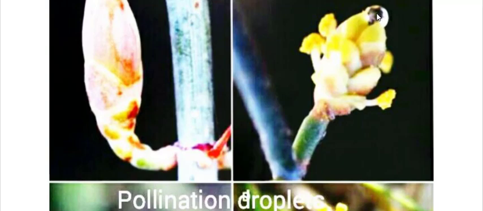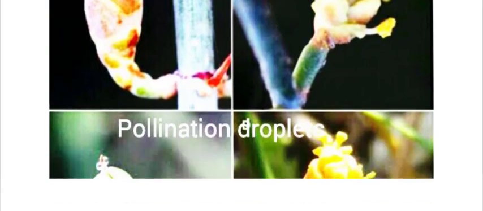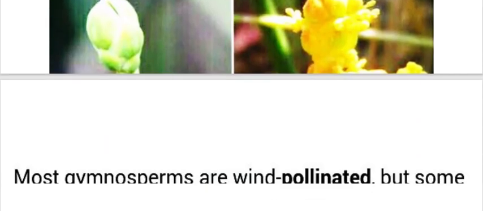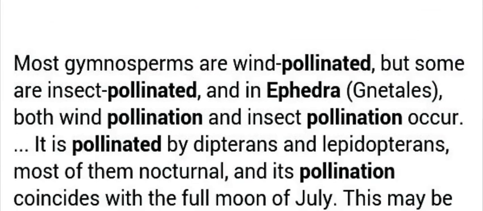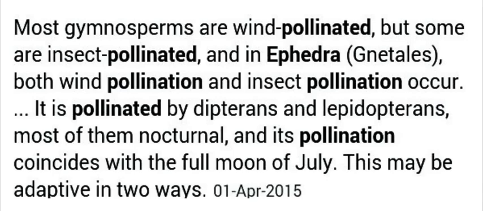In this way many pollen grains enter into the pollen chamber with this pollination droplet. Most gymnosperms are wind pollinated, but some are insect pollinated, and in Ephedra both wind pollination and insect pollination occur.